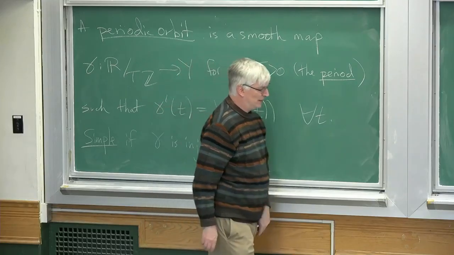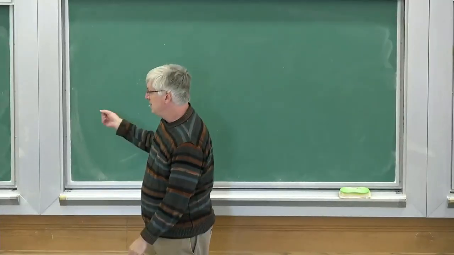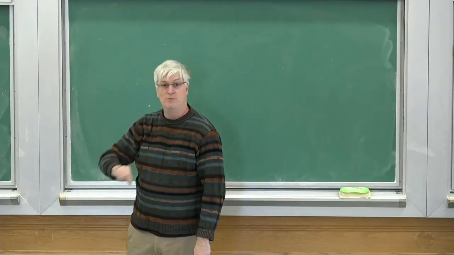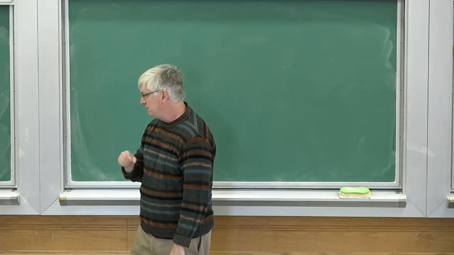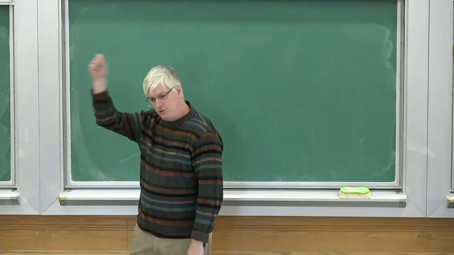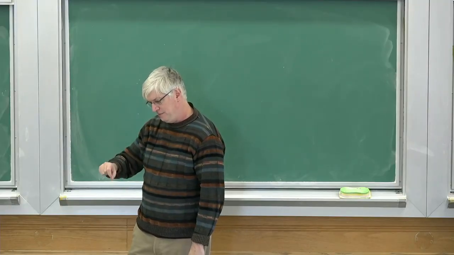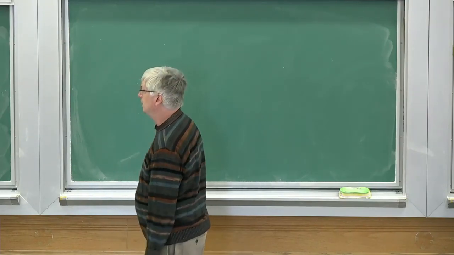If gamma is injective, then capital T is the minimum amount of time to come back where you started. If gamma is not injective, you go around the same loop some positive integer number of times. So capital T is a period, but not the minimum period.